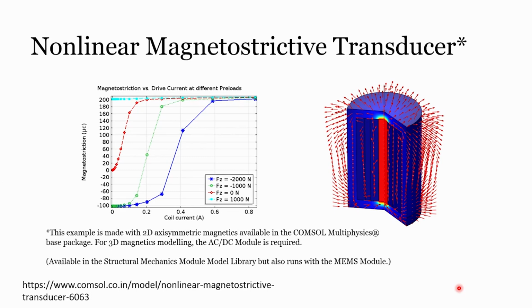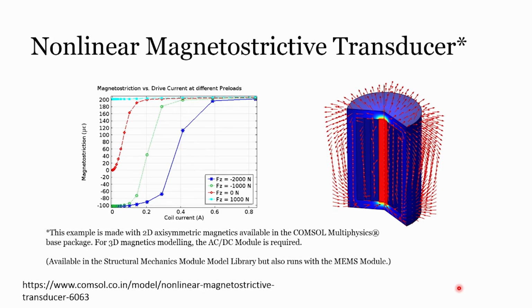Then we have nonlinear magnetostrictive material. This is a very classic example of the humming noise that we hear when we are near the transformer. In that case, because of very high magnetic field, the ferrite material or the magnetic material actually expands and also contracts based upon the frequency of operation, and that's why we hear a particular kind of humming noise that comes through the transformer.